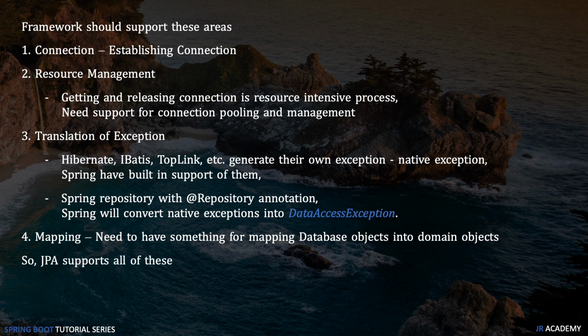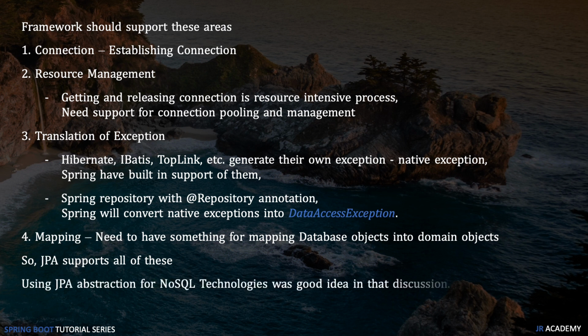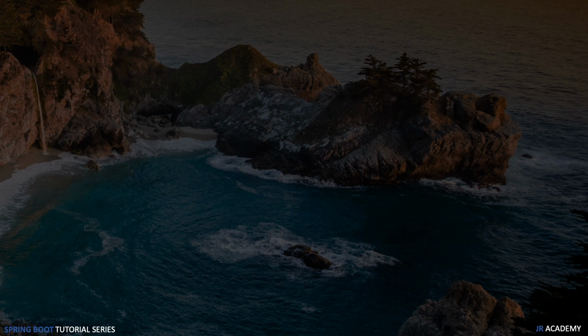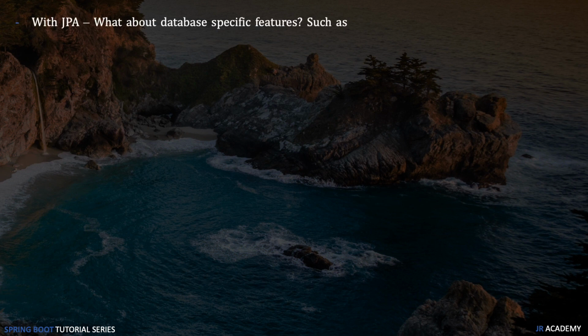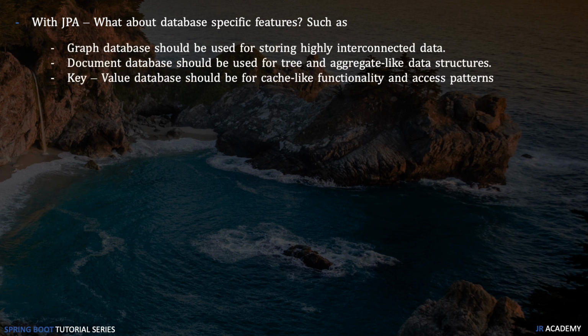So using JPA as an abstraction for NoSQL was a good idea in that discussion. But if you go with JPA as a high-level abstraction, then what about the data-specific features of NoSQL? For example, a graph-based database should be used for storing highly interconnected data, which is data that you can represent in graph form. A document-based database should be used for tree and aggregate-like data structures.